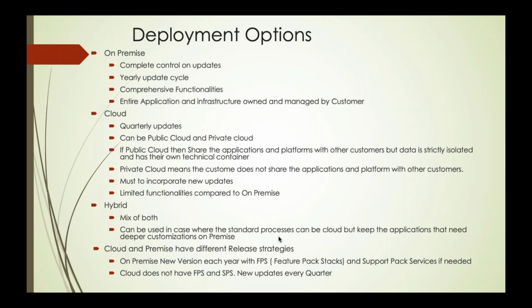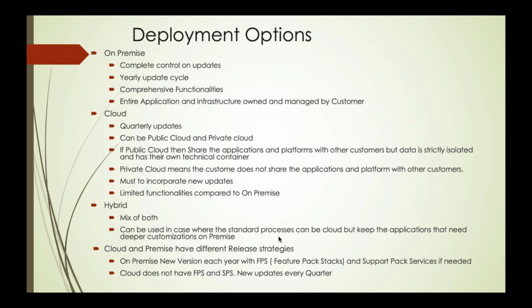And with on-premise, you have new updates as part of support pack services. Today, when you go to EHP for ECC, like ECC EHP4, EHP7, we don't apply them as they come.